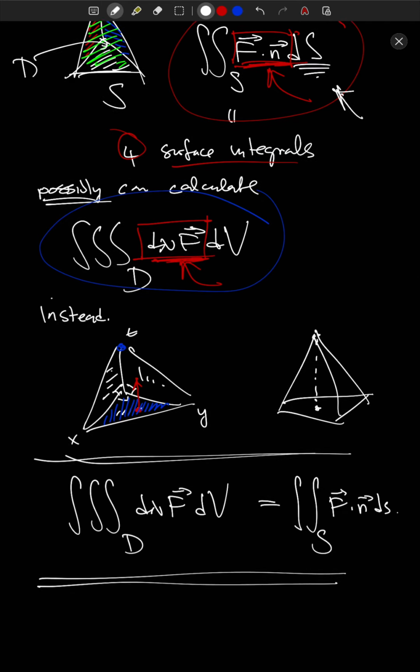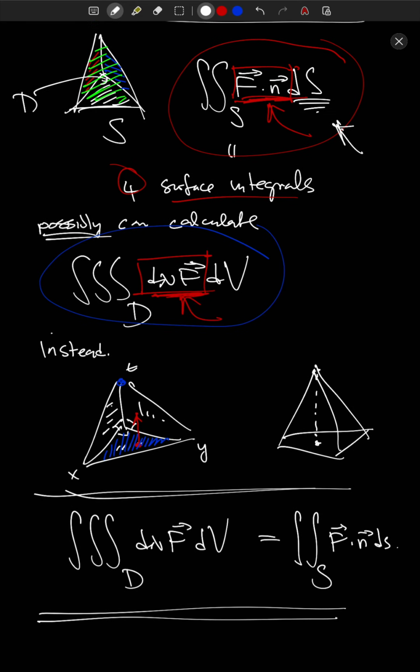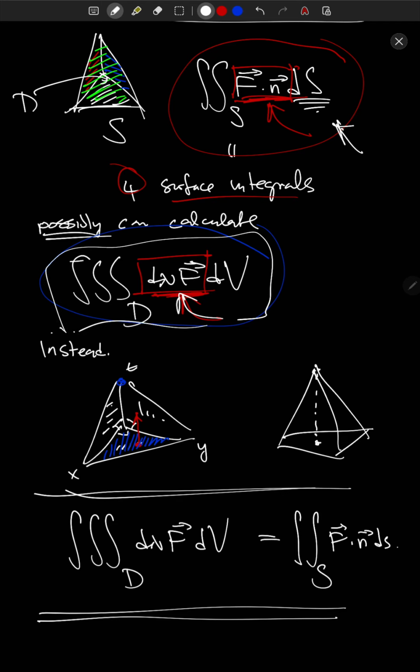But an alternative reason that might be easier is, for example, maybe you recognize the divergence is simple. This is very common where you're working with a vector field that's divergence free. If it happens to be divergence free, then immediately this triple integral down here is going to be 0. Divergence of f is equal to 0.